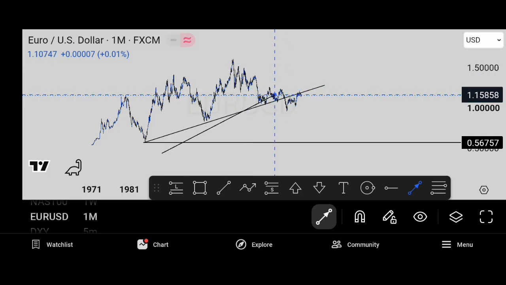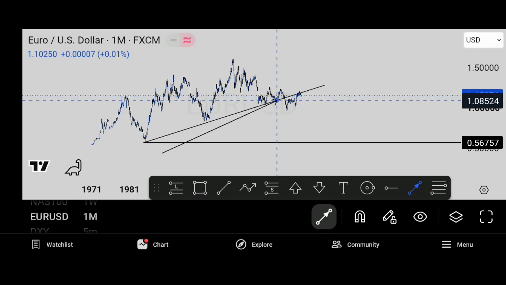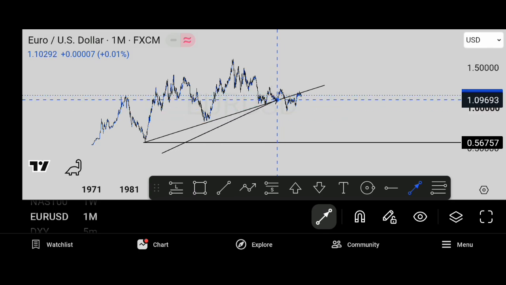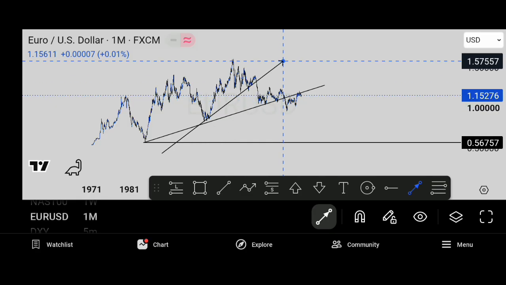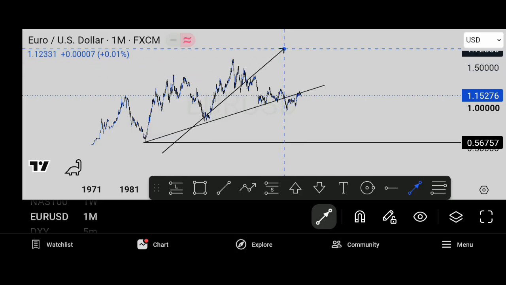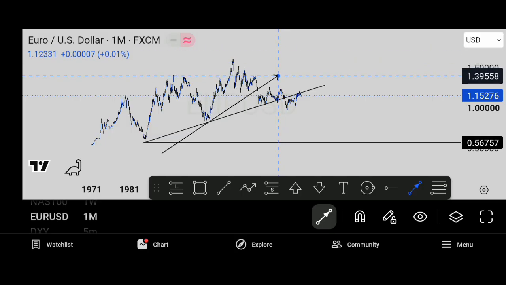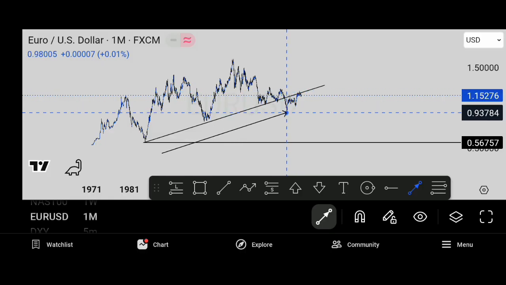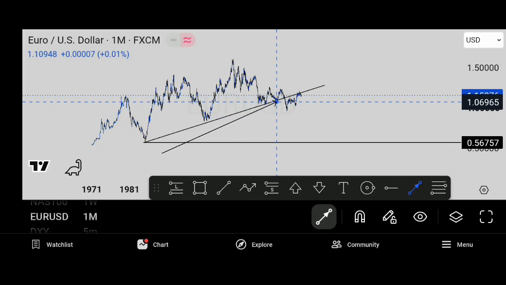And then it came back and created another higher low. It came back here and created another higher low, and this was its opportunity to actually continue moving to the upside to create another high, but instead it just continued with the downtrend and it created this low that is lower than these previous lows, right?